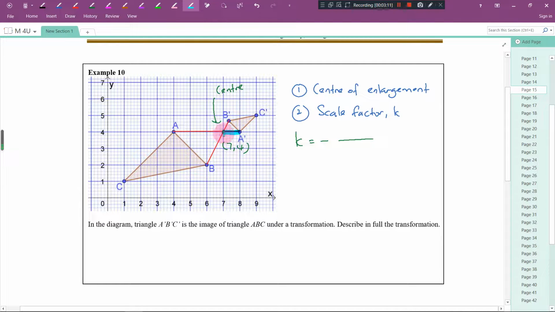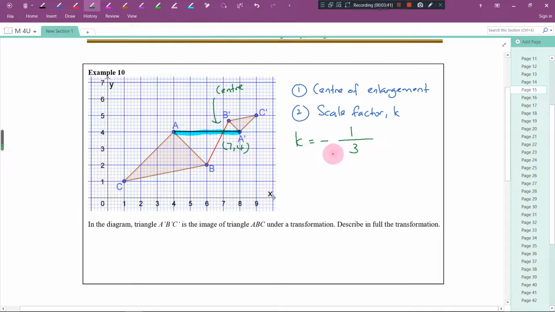Let's say I use the distance from the center to A prime. This is 1 unit. So for the object part, I need to use the distance from center to the corresponding vertex A. So 1, 2, 3. Okay, so the scale factor is negative 1/3.